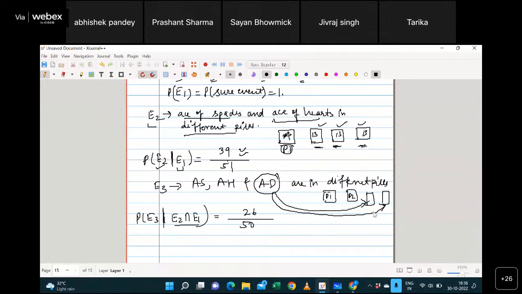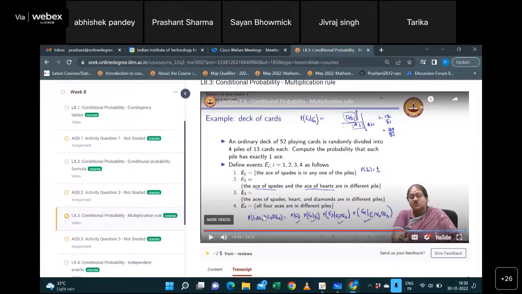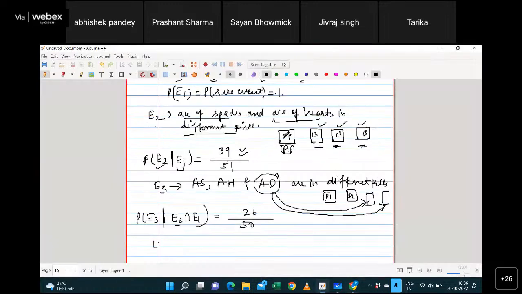Yes, correct, sir. Now, what's the last statement? All four aces are in different piles. So E4 is all four aces are in different piles.